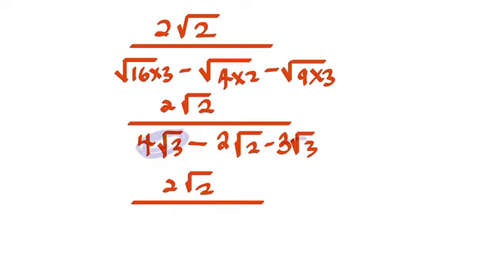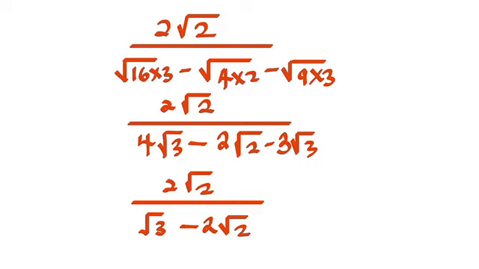This and this are similar, so we can combine them together. So 4 root 3 minus 3 root 3, we are going to have 1 root 3. So therefore we're going to have root 3, then minus 2 root 2.